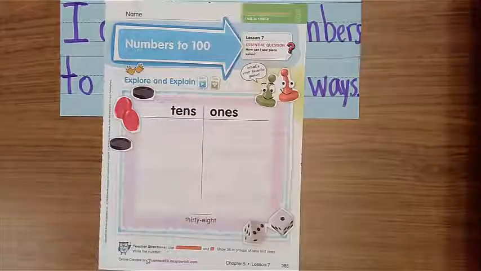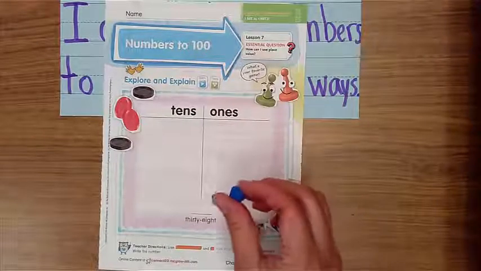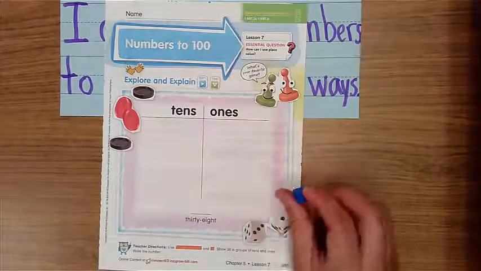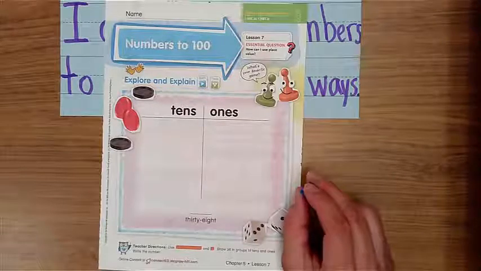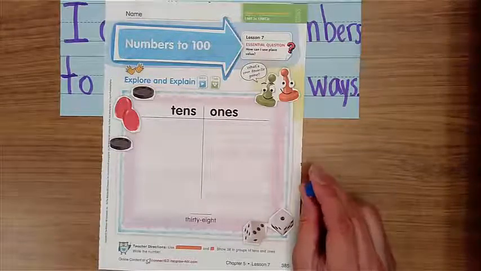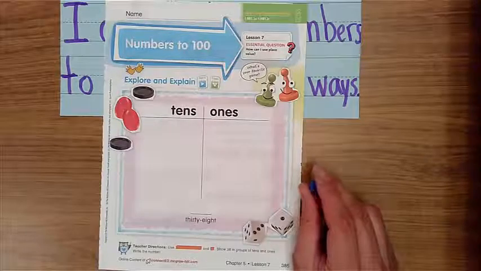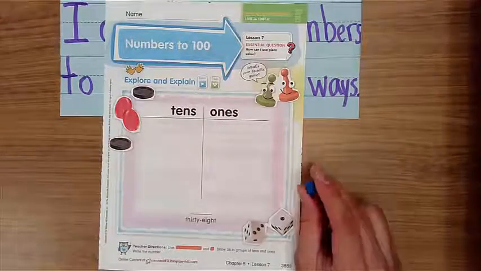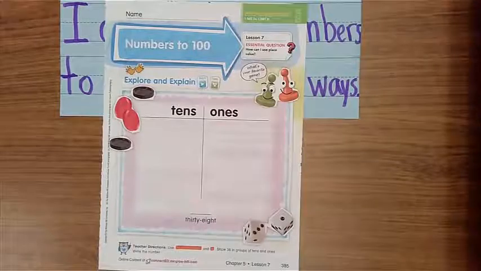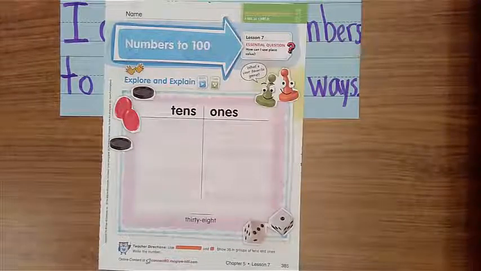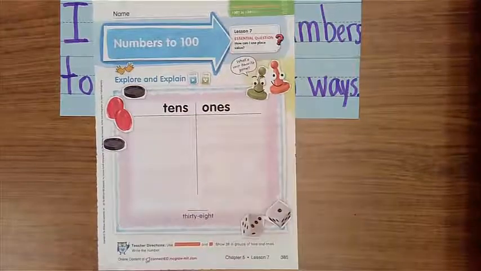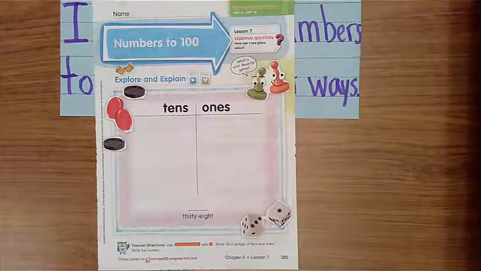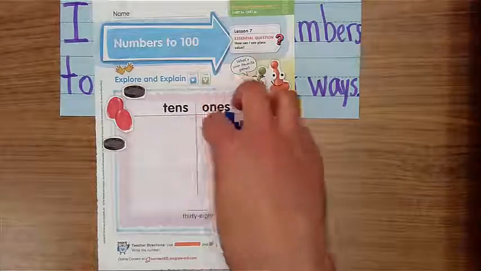So if you don't have cubes or enough of these cubes, you could use something like little markers or little beans, or you could even just draw dots on your paper. But we're going to put 38 cubes in the one spot.